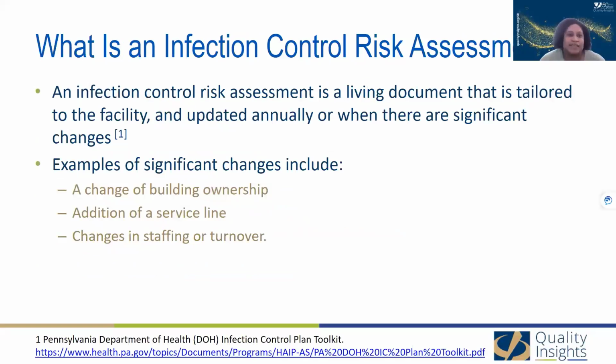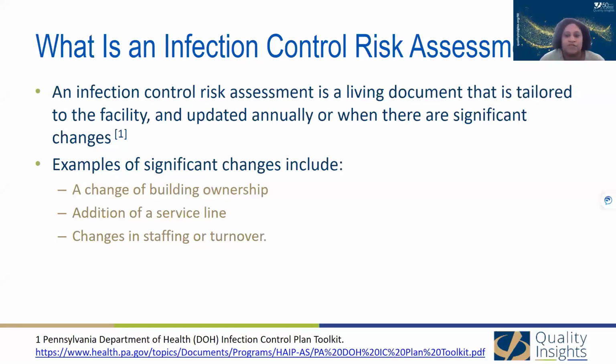So what exactly is an infection control risk assessment? To better understand the risk assessment process, let's talk about some of the common risks found in healthcare settings. We'll use real-world examples to illustrate potential challenges and solutions.